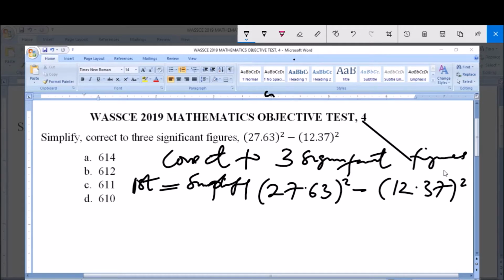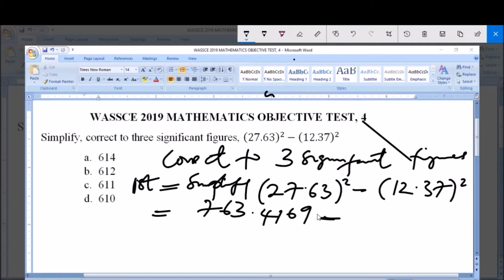Now 27.63 squared, you punch it in your calculator. 27.63 multiplied by 27.63, and that's what it means. And that will give you 763.4169, minus 12.37 squared.